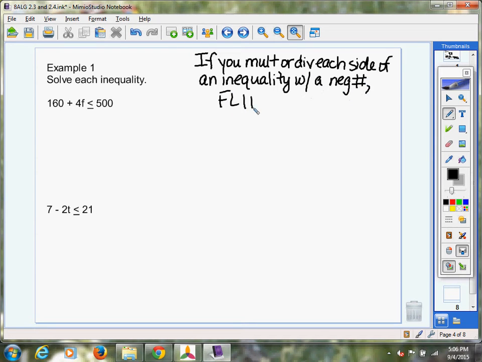Flip the symbol. Flip that inequality symbol, so greater than becomes less than, and less than becomes greater than. All right, so let's take a look.